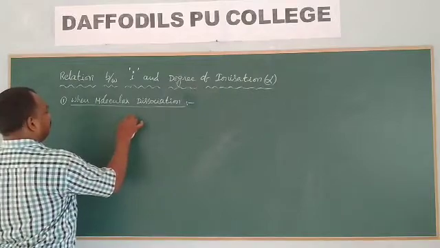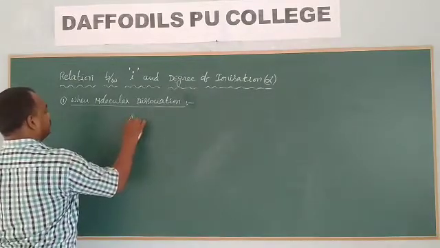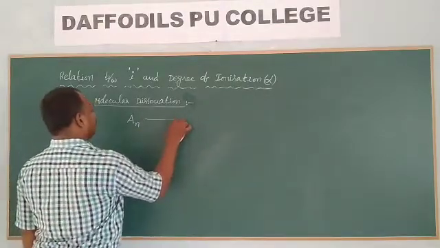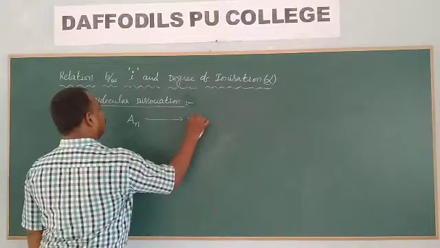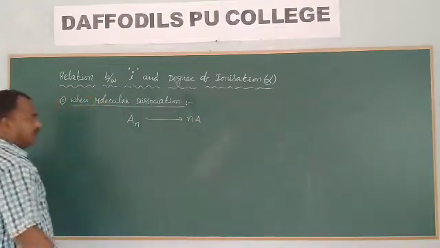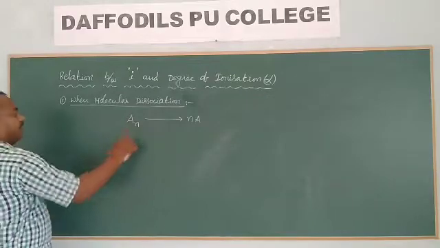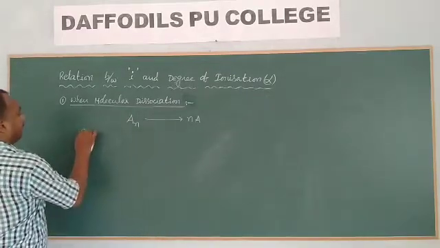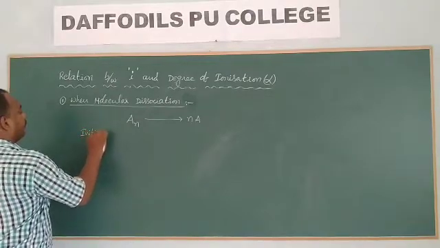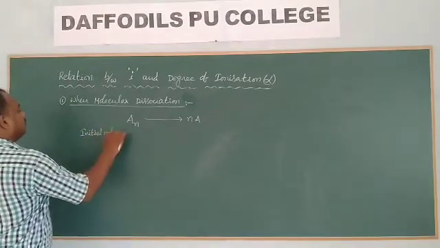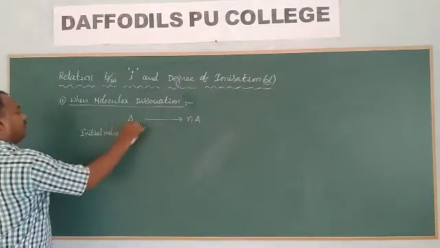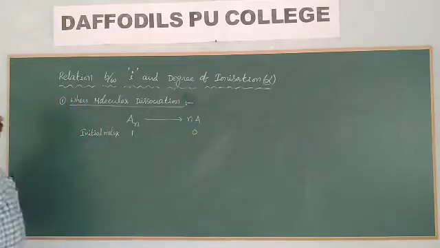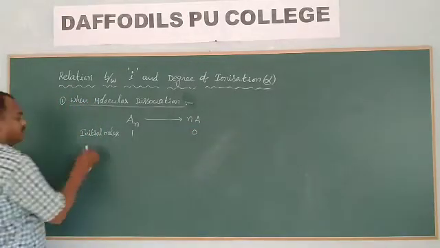Suppose you take a molecule, this molecule A_n is undergoing dissociation to give n particles of A. Initial moles: how many initial moles of A_n are there? 1. Here, 0. At the beginning of the reaction, the products are 0.